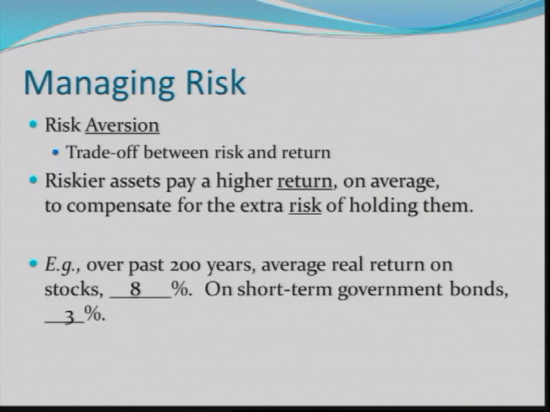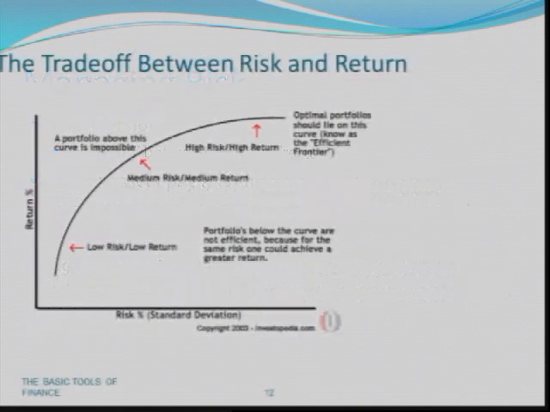Probably y'all have heard of Bernie Madoff. Ponzi scheme. He was promising close to 20% returns, and people believed him. If you knew that this was the average over the past 200 years, you would have been a little more skeptical of his claims.